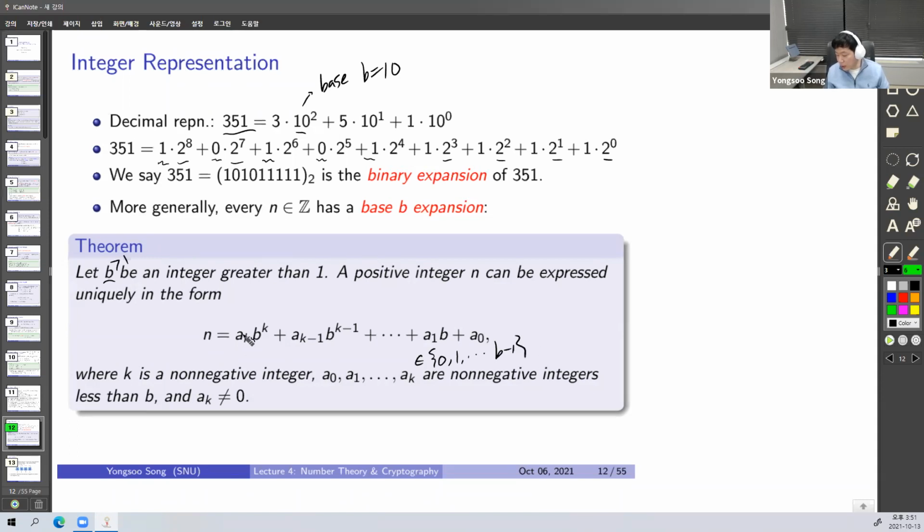And the leading term is non-zero. If the leading term is 0, then you can just remove it, so you can assume the leading term is non-zero. Under these conditions, you can show that there exists one and only one representation of n satisfying this equality. This is called the base b expansion, and you can write a_k, and so on down to a_0, base b.